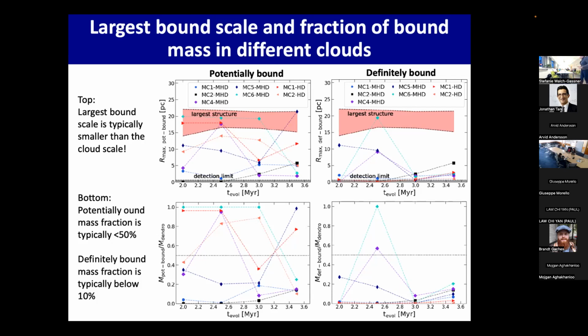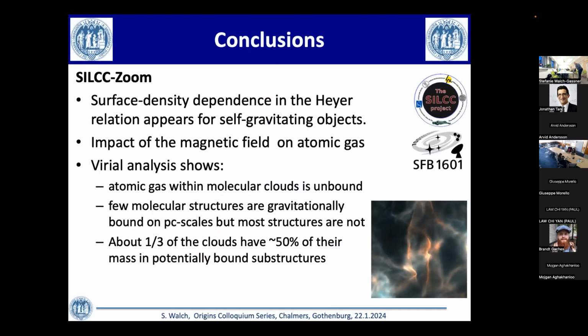The takeaway message is that there's indication that just about a third of the clouds, at least in our sample, has about 50% or so of the mass in potentially bound structures, and I guess only a fraction of that is definitely bound. So it means that only a small fraction of the overall cloud is really self-gravitating to begin with, right?